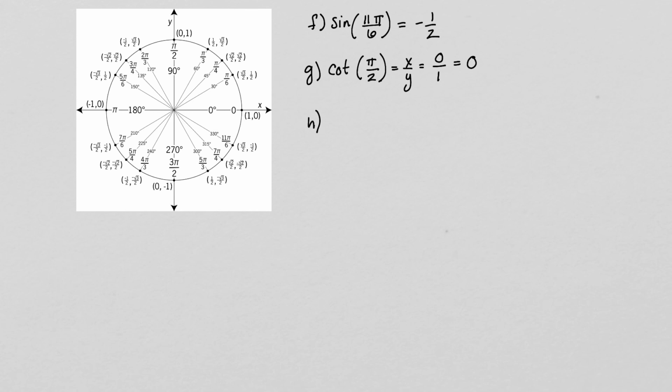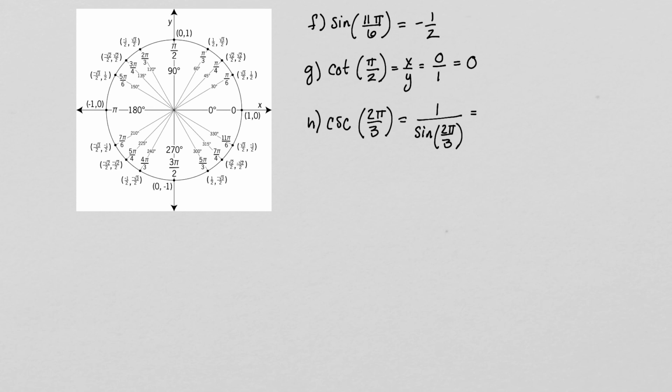H. The cosecant of 2 pi over 3. And remember, cosecant would be 1 over what trig function? So which trig function do I flip over to get the cosecant? Yeah, the sine. So it's 1 over the sine of 2 pi over 3.